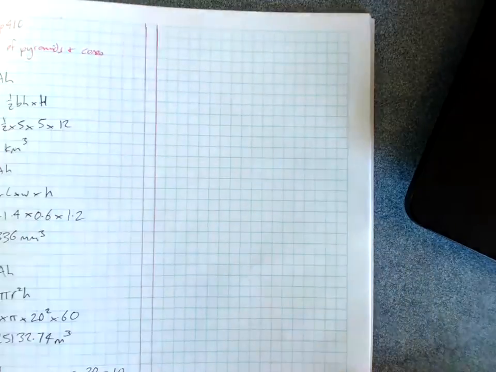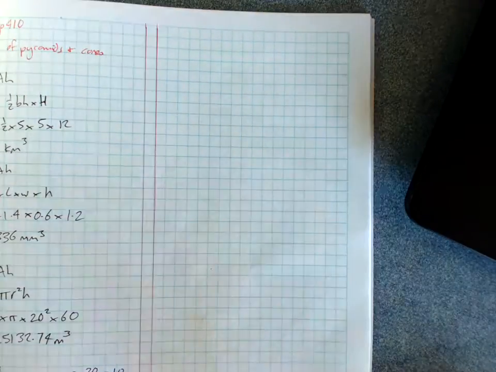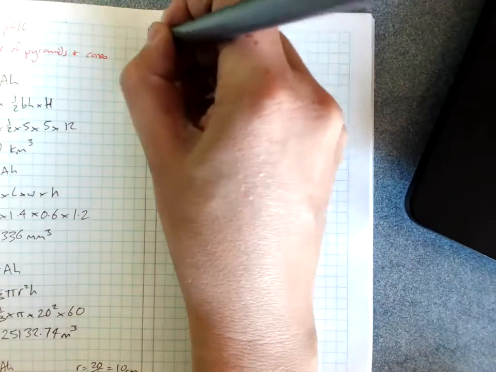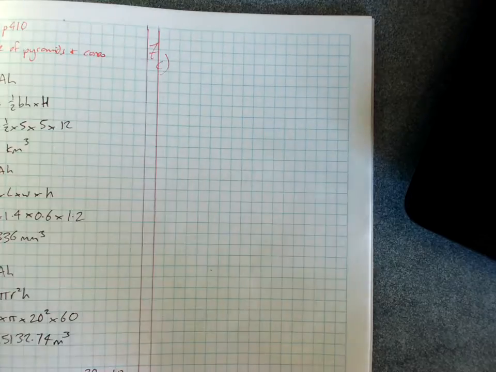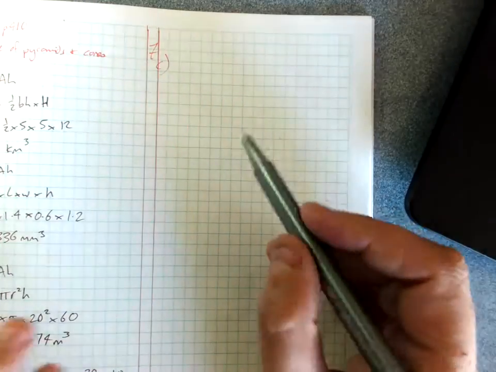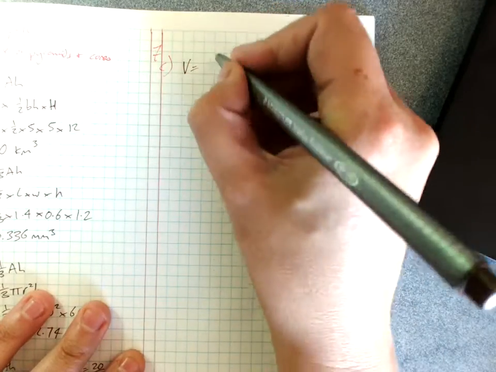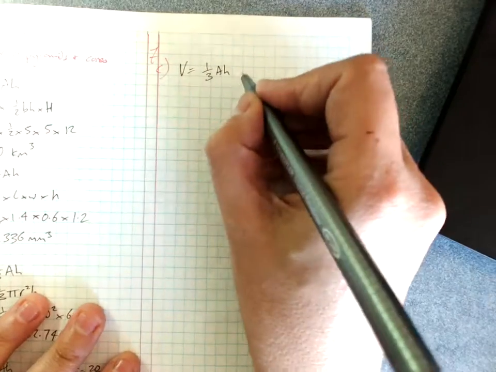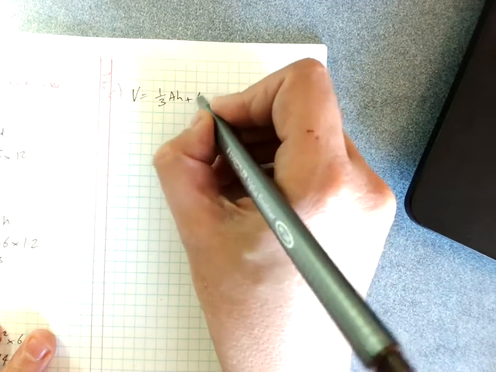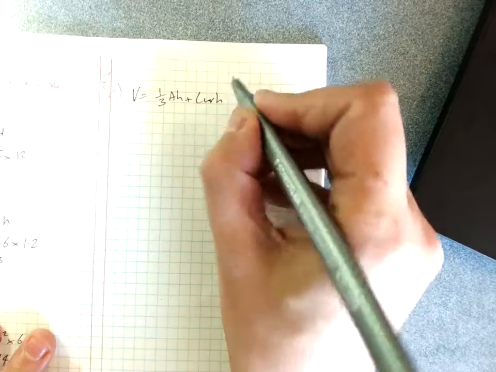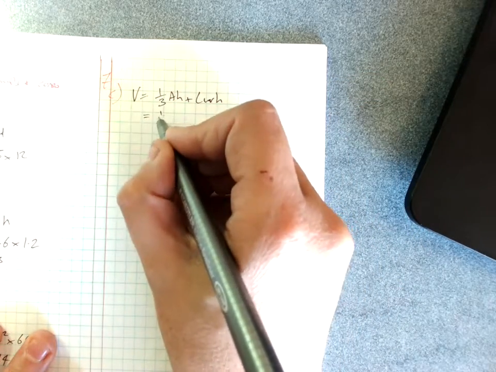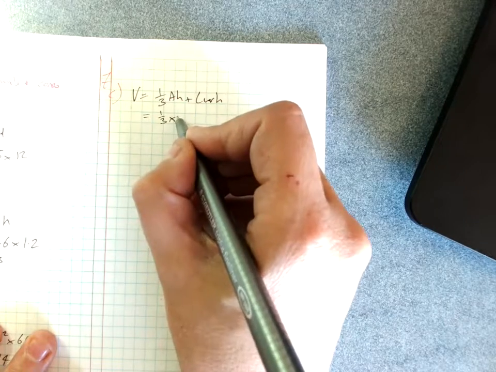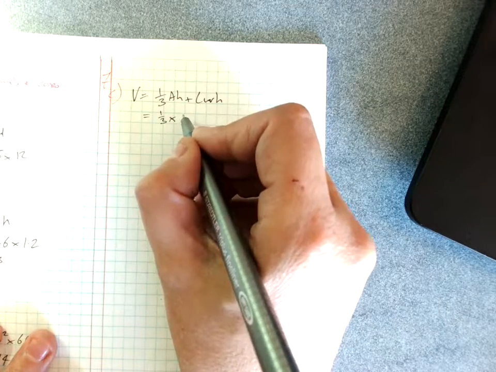Composite solids, question 7. Let's do C. I have a square-based pyramid and a rectangular prism. So I'm just combining the formulas. It's a rectangular based pyramid, let's see.